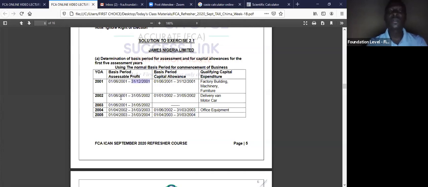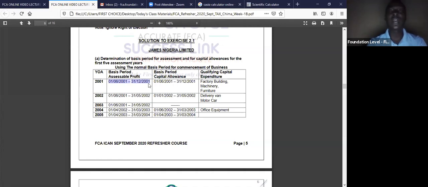So the period of overlap will be from June 1 down to 31st December. It's an overlap. So anything that occurs during that period from June 1 to 31st December will not be taken care of in capital allowance, especially we are talking in terms of initial allowance.